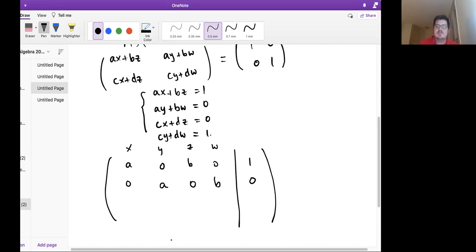The third row: C, 0, D, 0, 0, and then the last row. Sorry, this is a D, right? DZ. Oh, that's a C. C, 0, D, and 1.